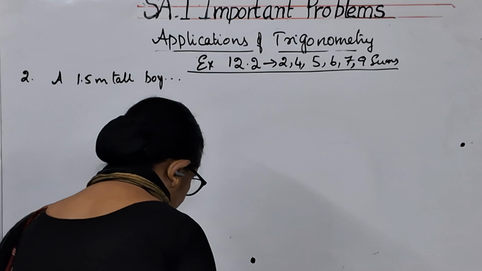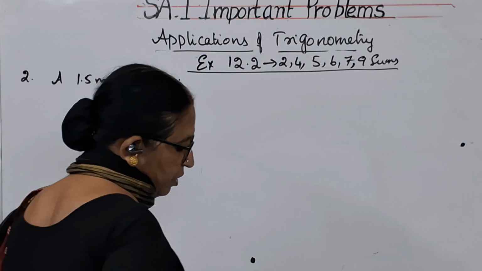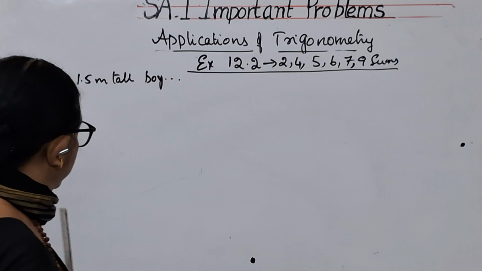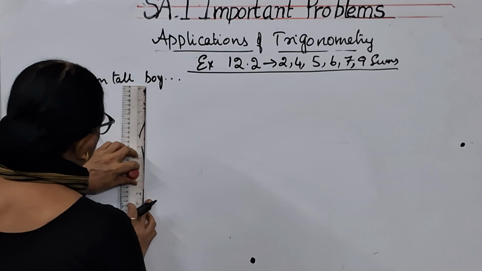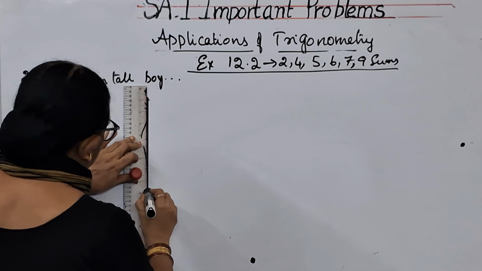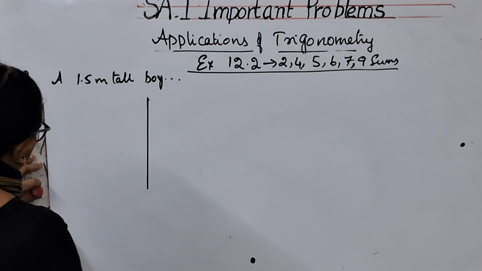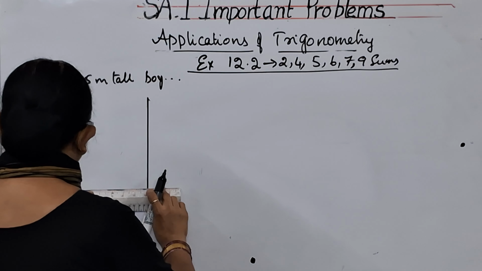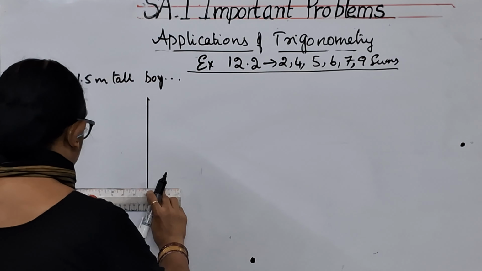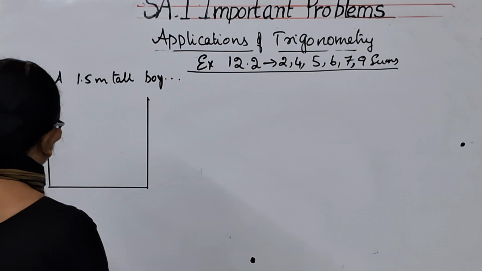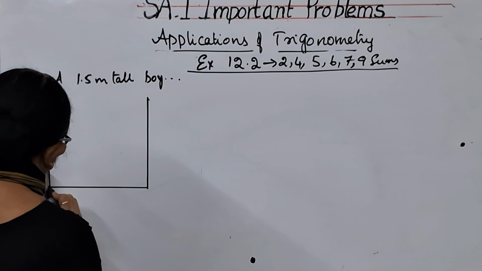So this is the question, children. Here you have two heights. One is the temple height, so let us consider this as the temple. This is the boy's height, and this is the distance between the boy and the temple.